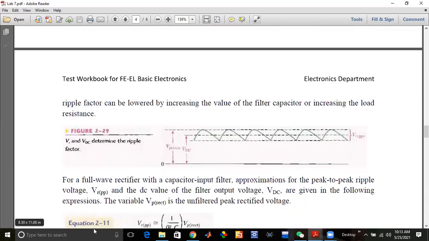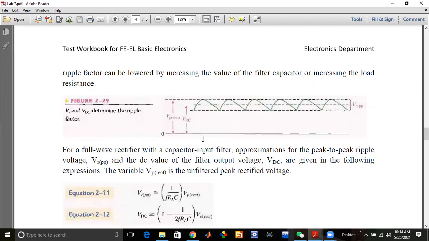For example, here you see, this is the VDC and this is the peak to peak value. This is the ripple voltage from peak to low voltage. This is the ripple voltage from peak to peak. This is VR pp. PP means peak to peak. This is from the theory point of view.